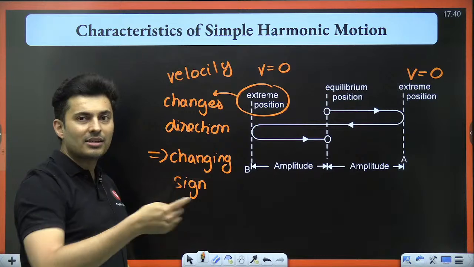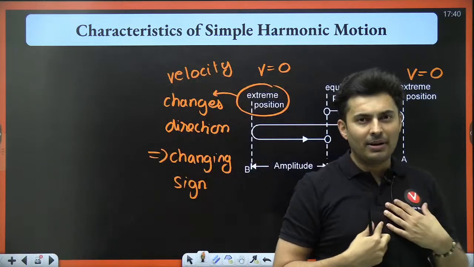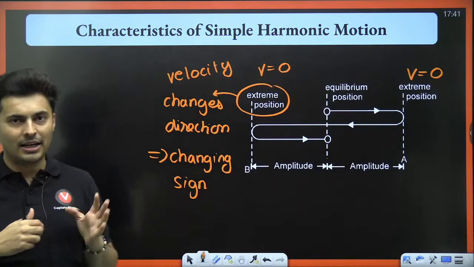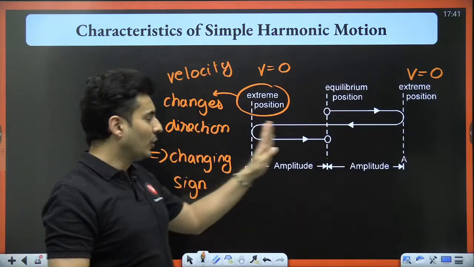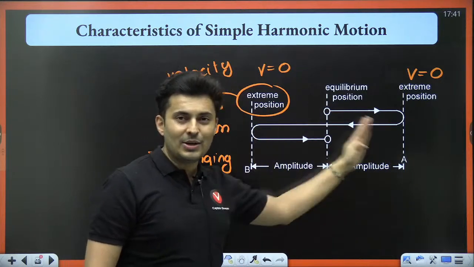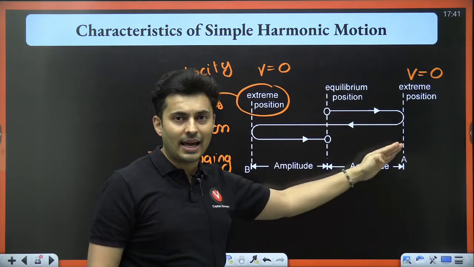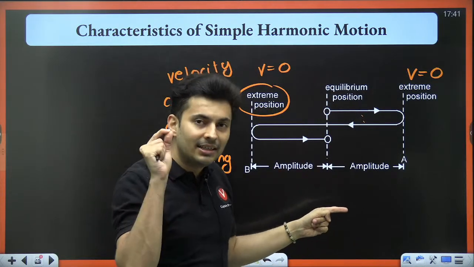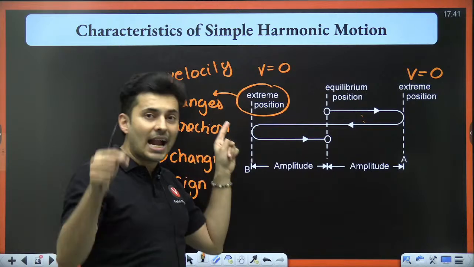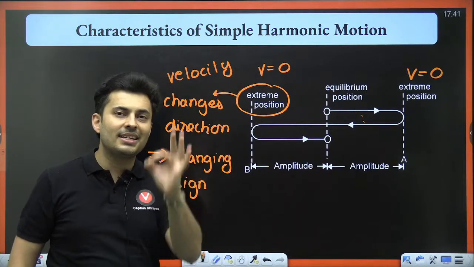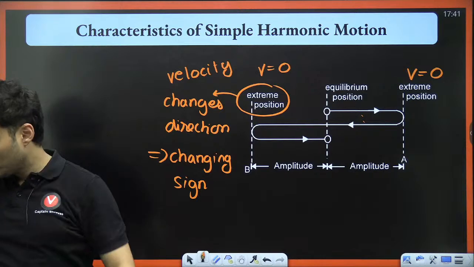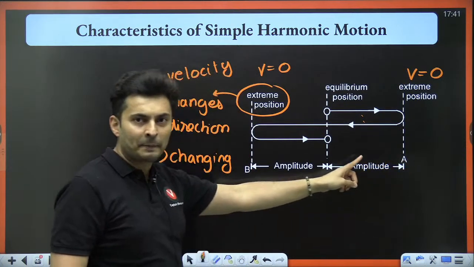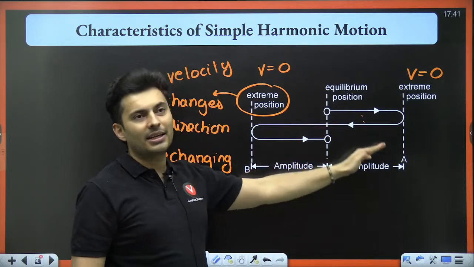So in any oscillation, you will stop at the extreme before turning. This is your extreme position where velocity changes direction, sign, and that means at that instant your instantaneous velocity is a big fat 0. Very good. Next important thing, between this point and this point, you accelerate and then decelerate.